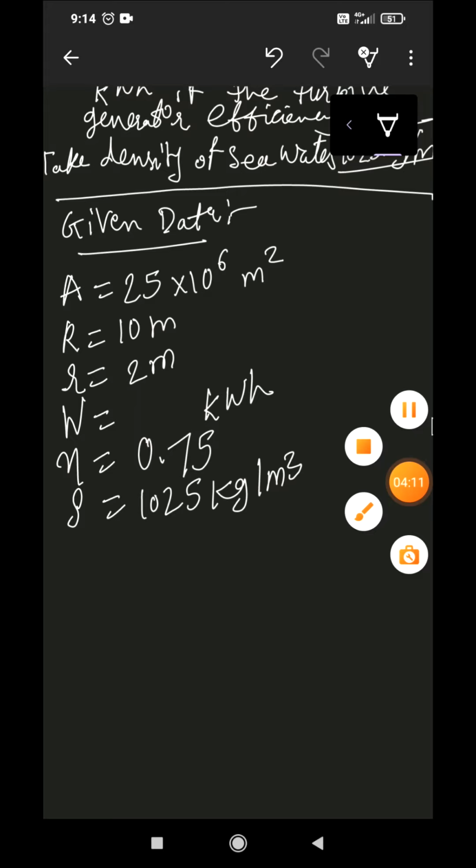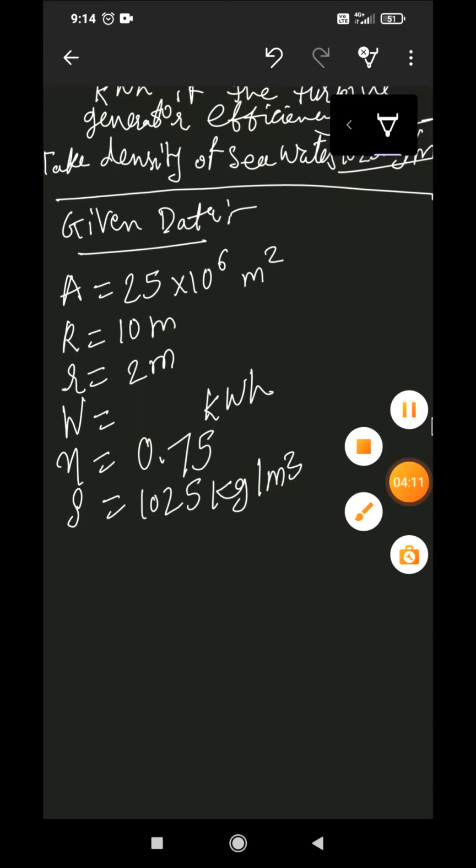So the total theoretical work W will be equal to, from capital R range to where the turbine stops working, minus rho g A into h dh. So this will be equal to 1 by 2 rho g A (R square minus r square).